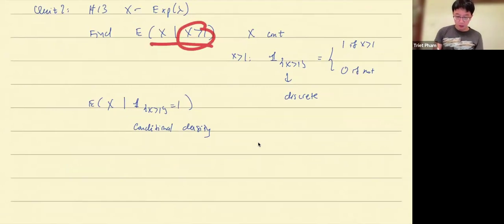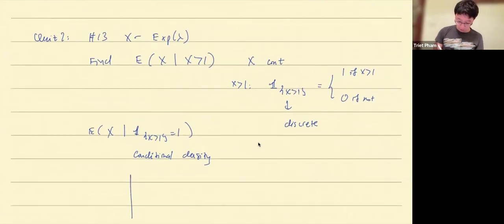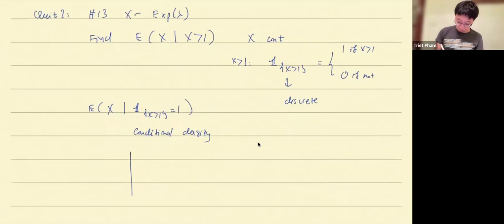The meaning is quite clear. You know X is bigger than 1. So if you have an exponential, the density of an exponential is something like this. That's the density.